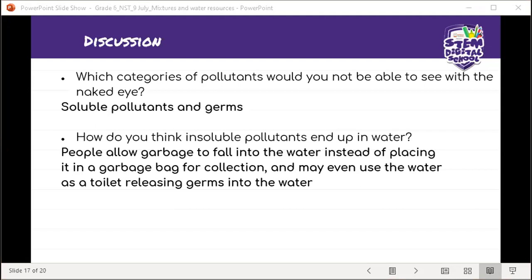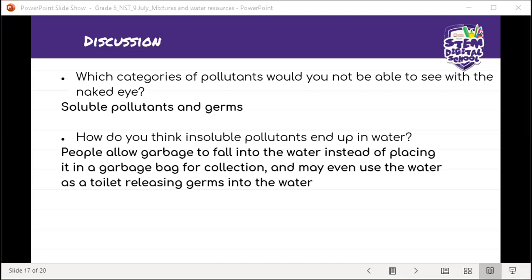Thank you very much for that point, Ijiro. So Ijiro says sometimes you just throw water bottles or leave your rubbish lying around on the beach, and as the waves come, they take that rubbish into the water.